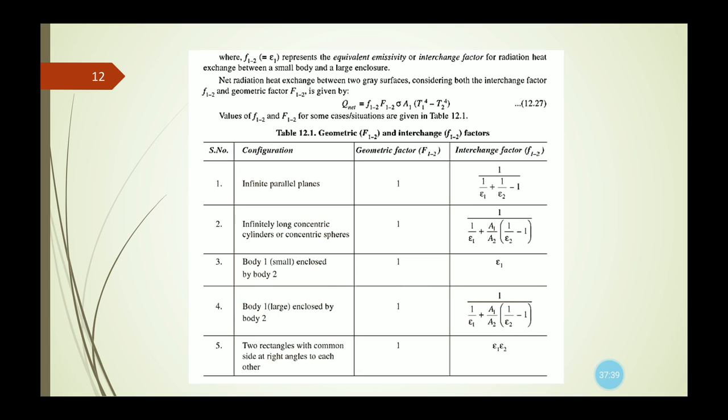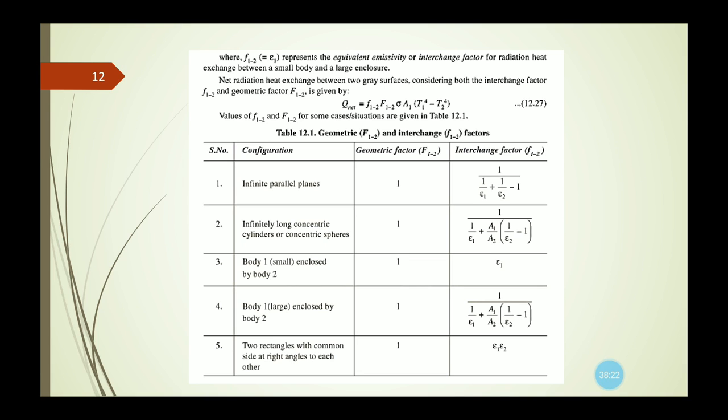Today we have discussed the heat exchange between the non-black bodies. In the earlier lecture we discussed the heat exchange between the black body surfaces, where we saw the concept of the shape factor, and a relation known as the reciprocity relation or reciprocity theorem.